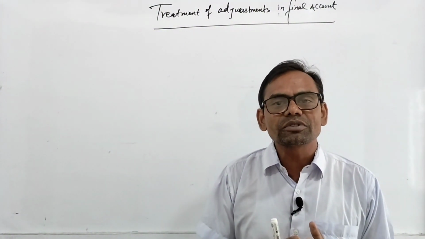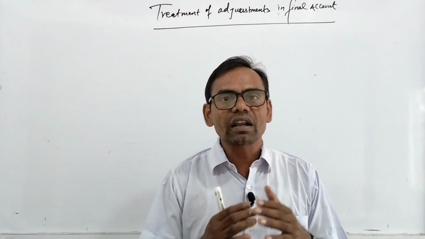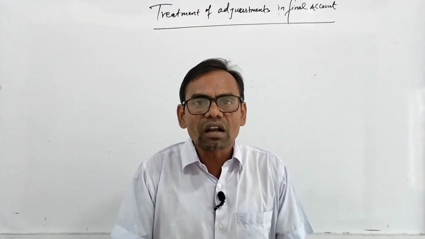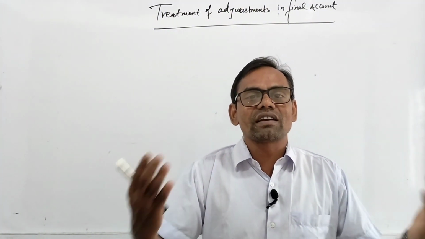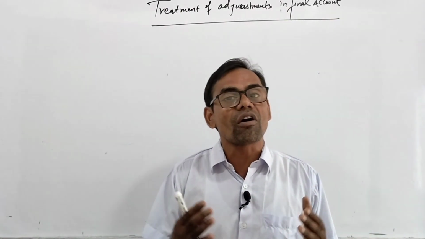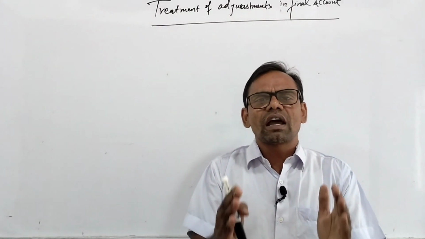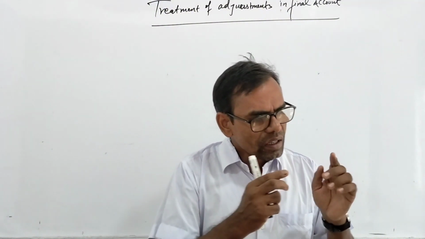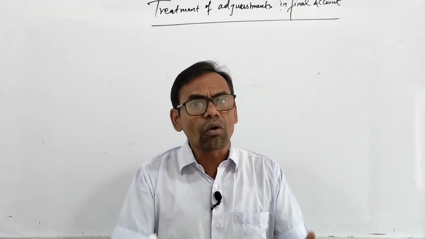These are items of expenditure and income which are related to the current year but are still not recorded in the current year, or are still outside the books of accounts. As you know the principle of accounting, all expenditures and all incomes must be recorded in the year for which the accounts are going to be closed.